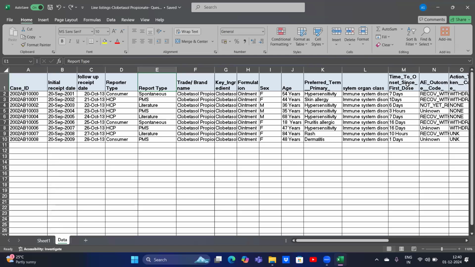Line listing is the bulk of the cases which have been stored, which have been processed in the database, and if you request it, whatever cases have been processed, they present in Excel form. And SMQ is our search criteria, what we want more specific from that line listing.